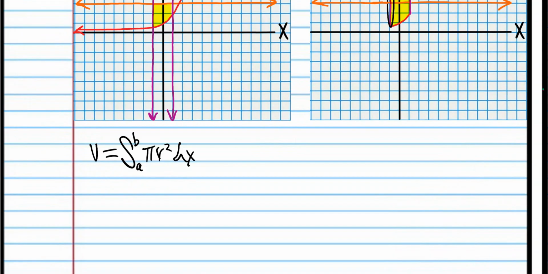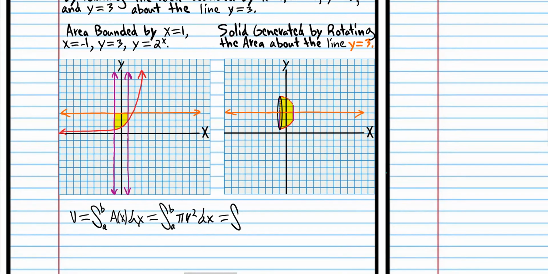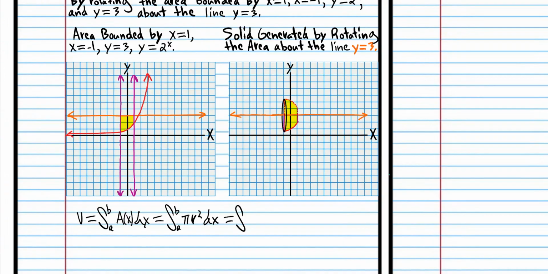And maybe we should write this as A of x, the cross-sectional area of the solid, and then we're going to find pi r squared. So that's the formula. And we are going from x equals -1 to x equals 1. Those are the limits of integration.